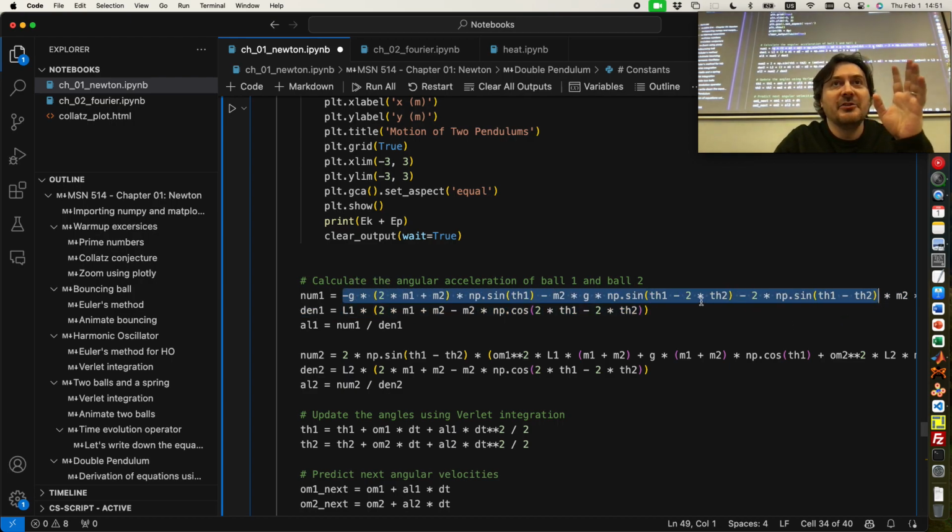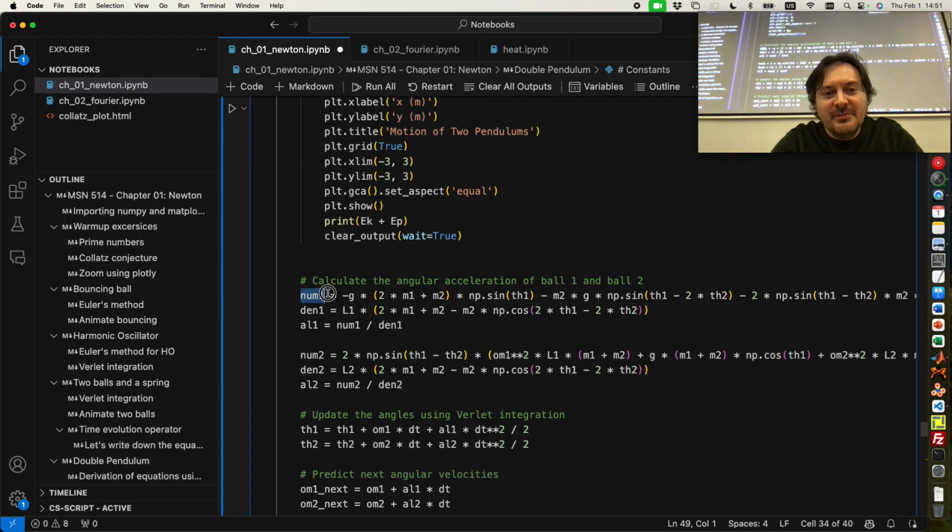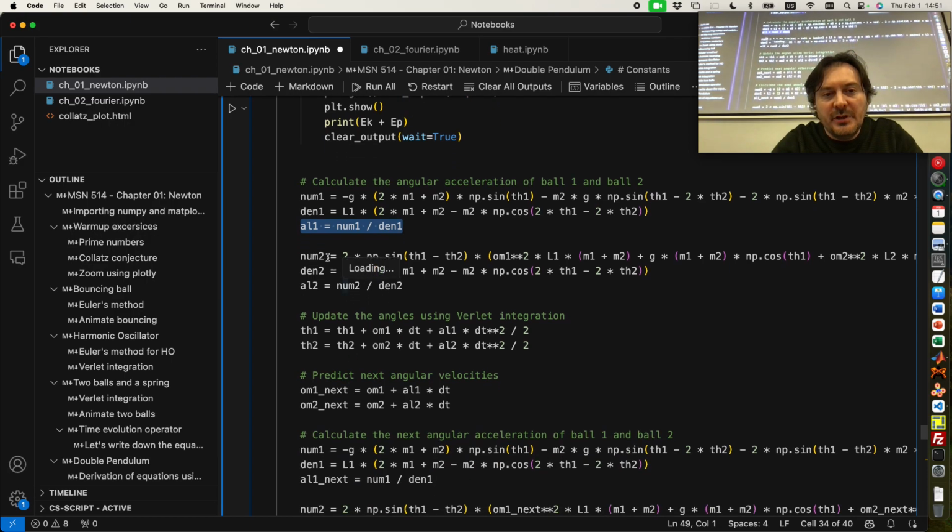Yes? I didn't write it. I wrote the title double pendulum, and I just clicked tab, and the computer understood that I want this huge equation. Very nice. Now, this is the numerator, this is the denominator, and this is acceleration 1. Numerator, denominator, acceleration 2.